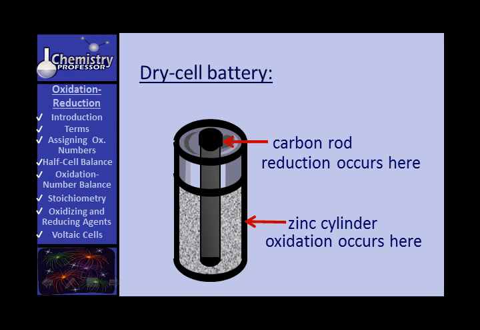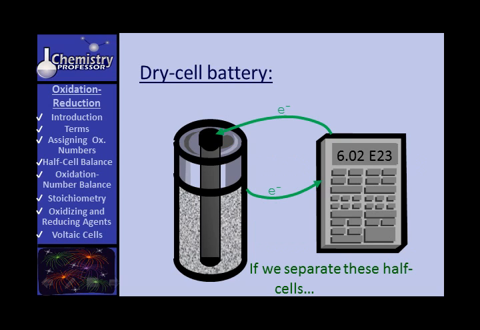All that packing material inside is something that is able to conduct an electrical current. Now, take that and you attach it to something like your calculator. You've separated the half cells, but you have allowed the electrons to flow. You can get a complete circuit and power your calculator. And that is the basics of the way that a dry cell battery works.